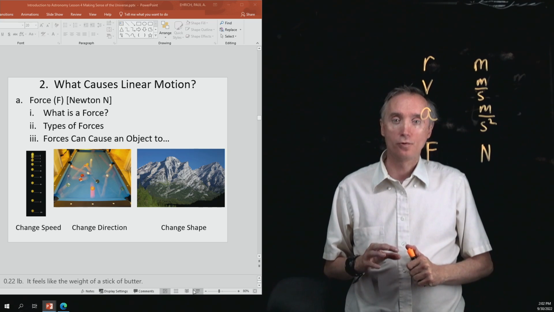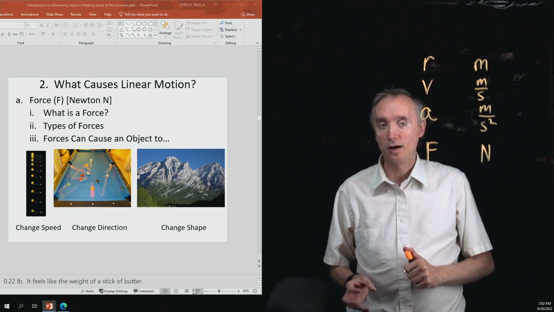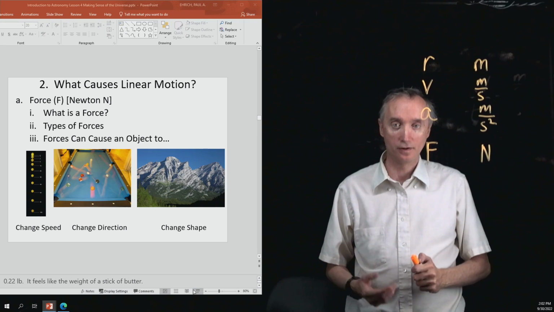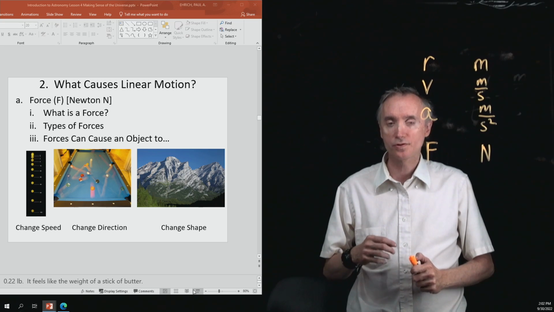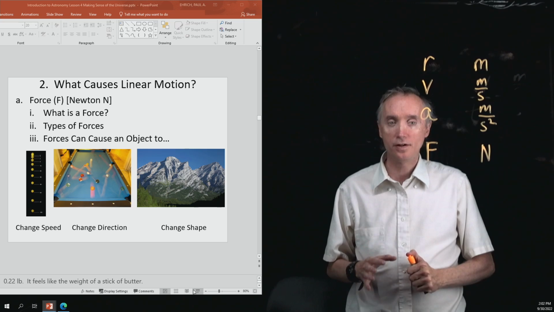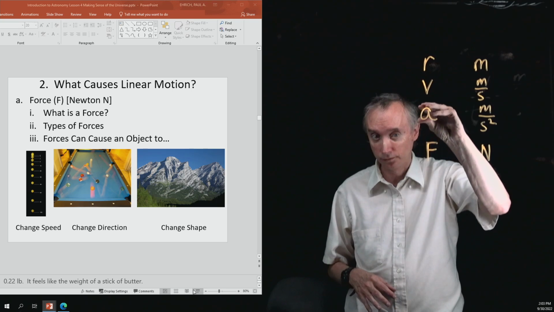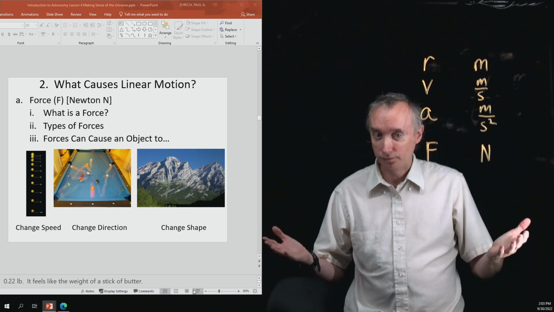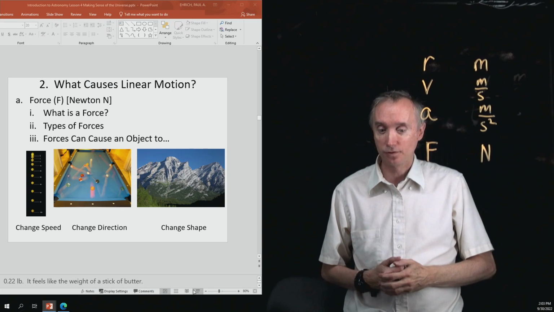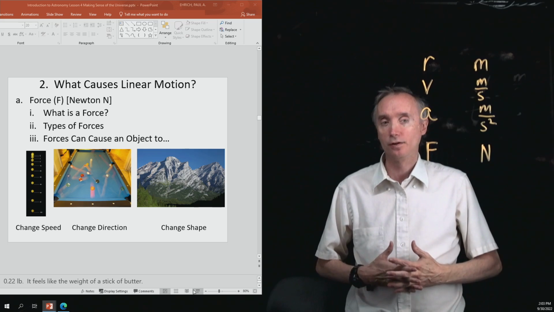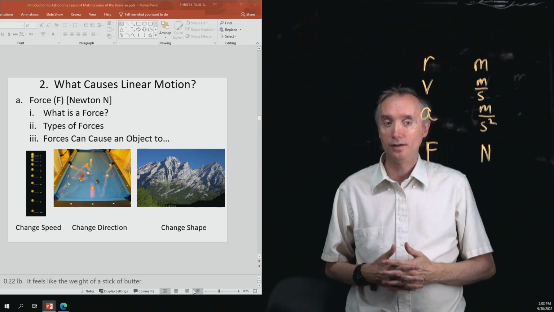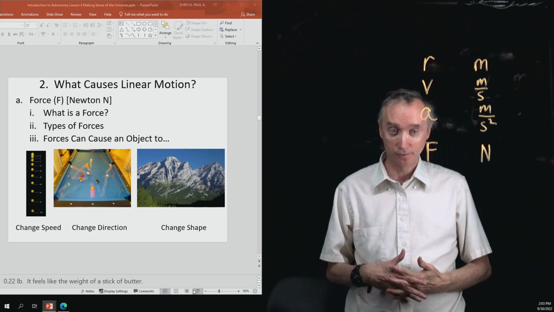So that's what a force does, but what are some kinds of forces? There are 4 fundamental forces that I want you to know about. The first one, gravity. The next fundamental force of the universe is going to be electricity and magnetism.